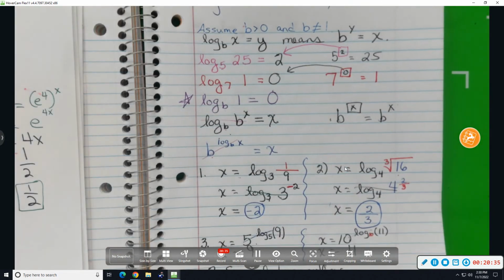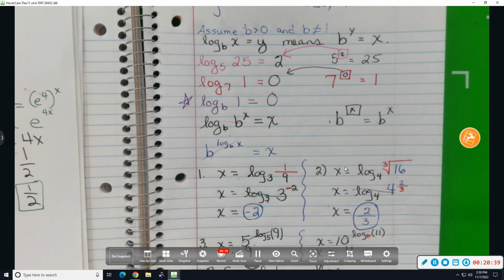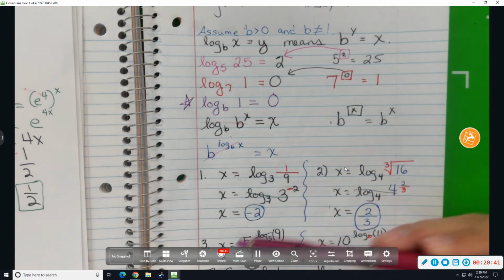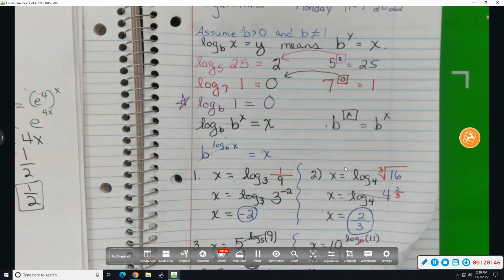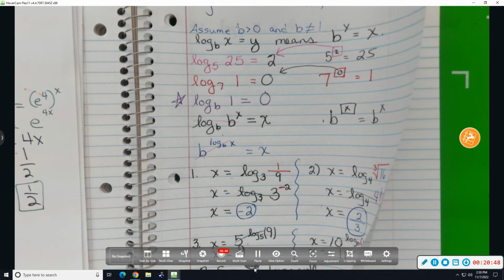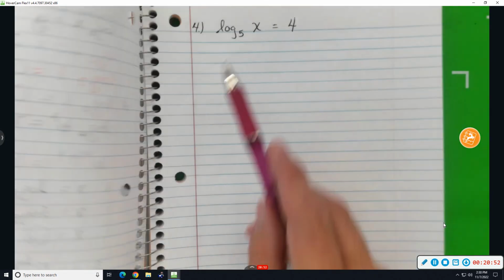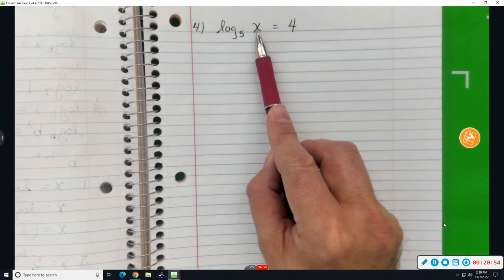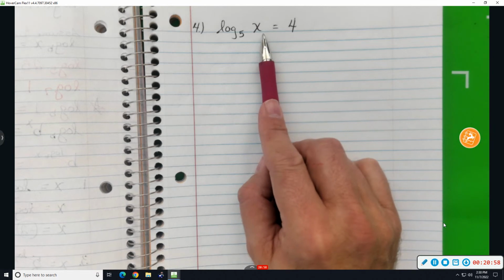In the other ones, like problems 1, 2, 3, the x is already by itself. On problem 4, the x is not by itself. So we need to somehow isolate that x.